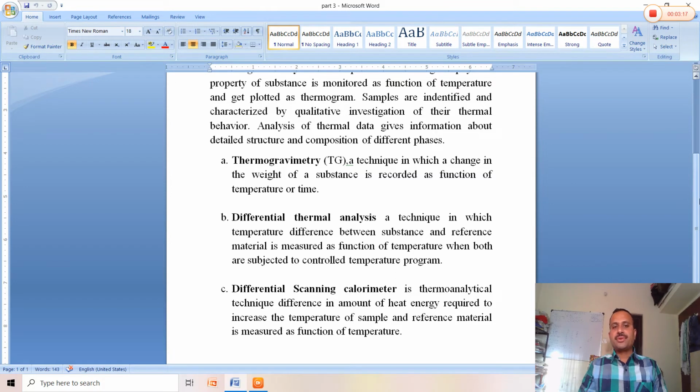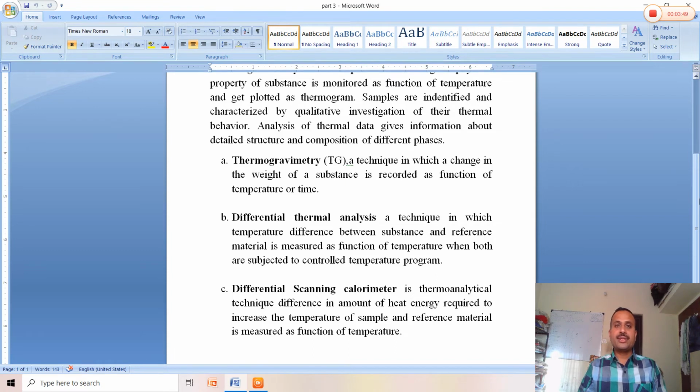A controlled temperature program is performed on the sample, substance or analyte and a reference material, and the temperature difference between the sample and the reference material is recorded as a function of temperature or time. This is the differential thermal analysis.